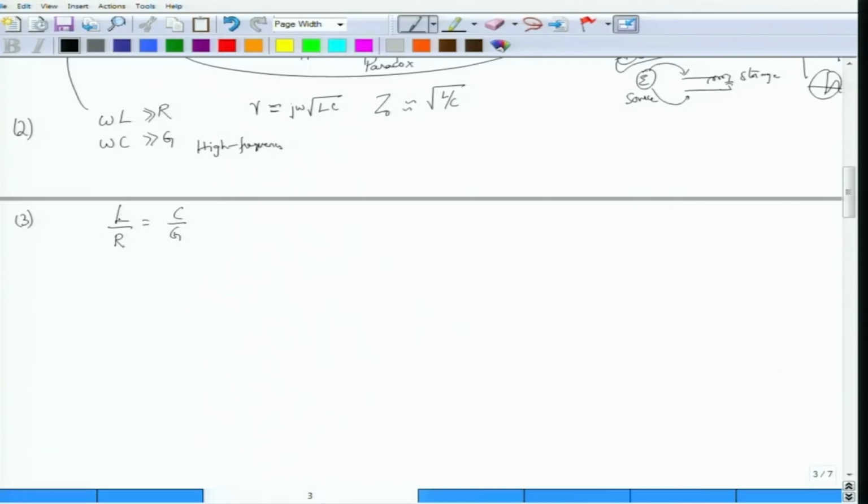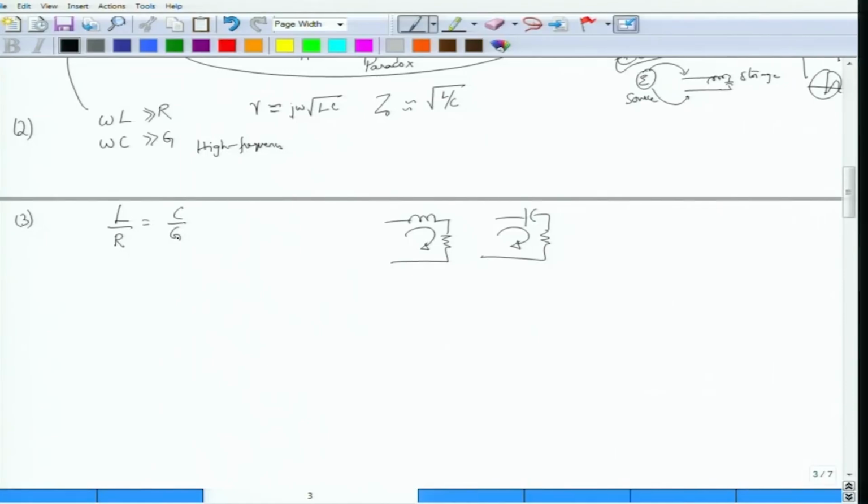L by R is the time constant of an RL circuit. For an RL circuit, the charging time is characterized by the time constant L by R, and similarly for a capacitive circuit, the charging time is characterized by C by G, and since 1 by G is a kind of R, this is the RC time constant.